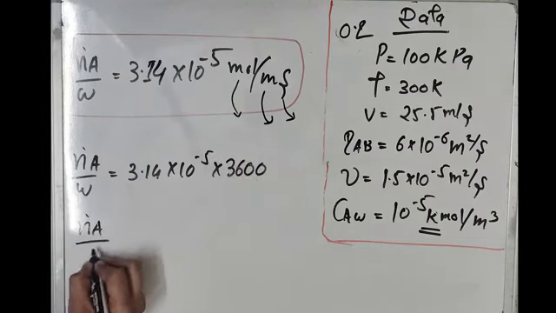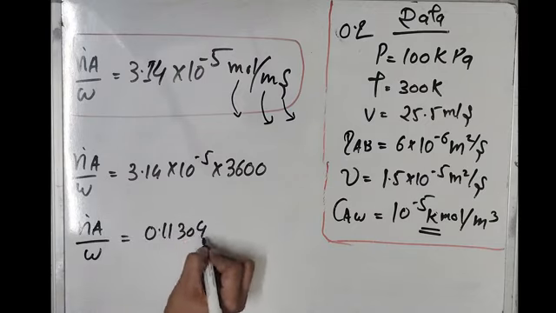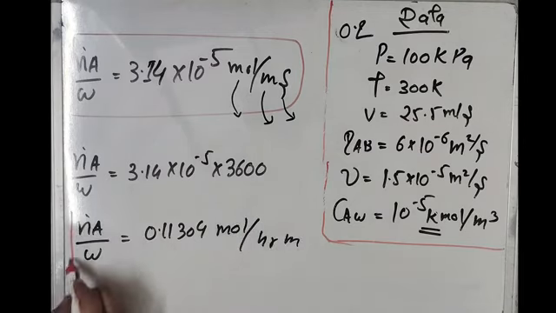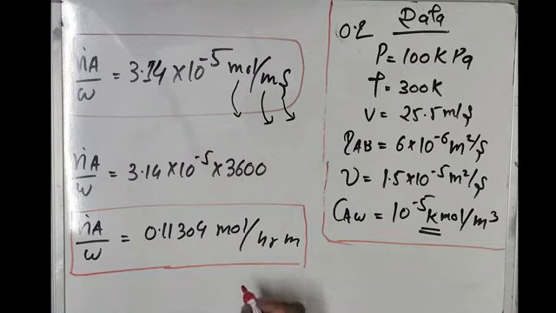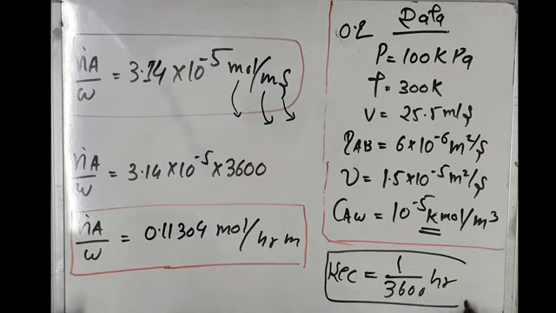After multiplying with 3600, we finally obtain the loss of naphthalene per unit width in mole per hour per meter. Here 1 second is converted to 1 upon 3600 hour. This is the conversion that we used in this step. So finally the answer has been obtained for this question.